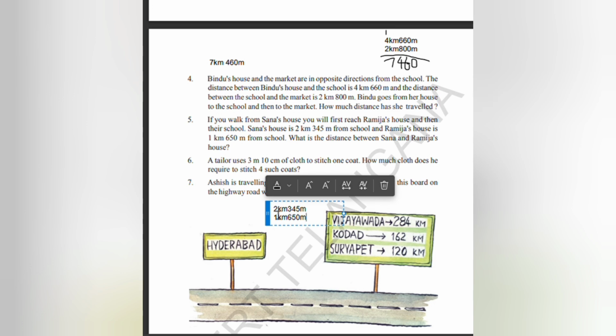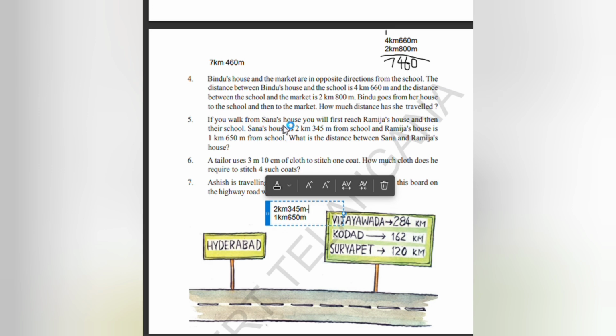So if we walk from Sana's house, we first reach Remija's house and then their school. Sana's house is this much kilometer from school and Remija's house is this much kilometer from school. So for the distance, what do we have to do? We have to subtract, isn't it? Why?